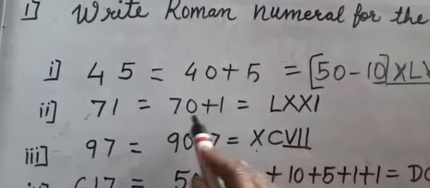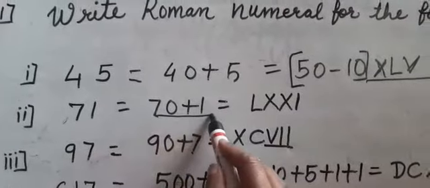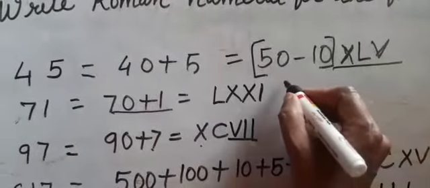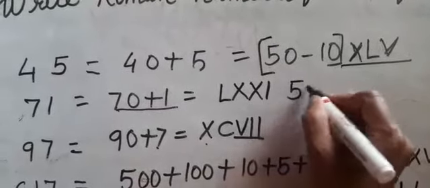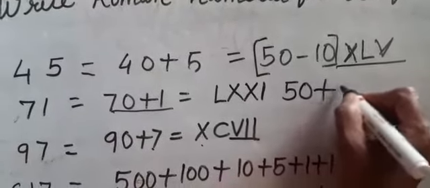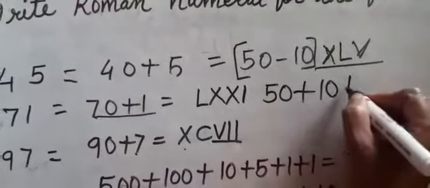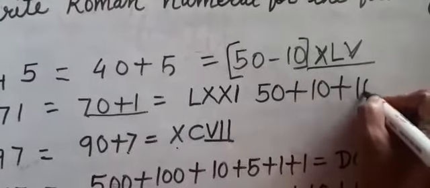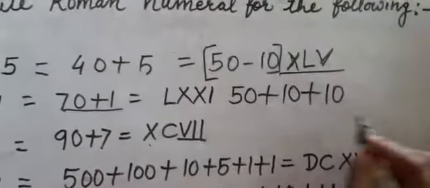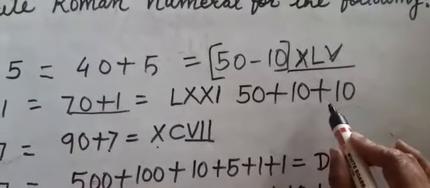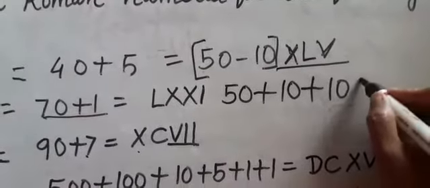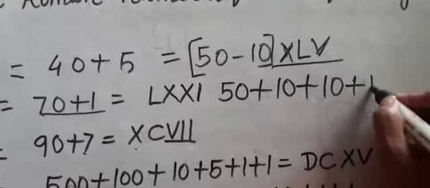For 70 I have written here 70 plus 1, but you can write it in this manner also: 50 plus 10 plus 10, because we don't have a sign for 70. So this will give the value of 70, and for 1 I can write I here.